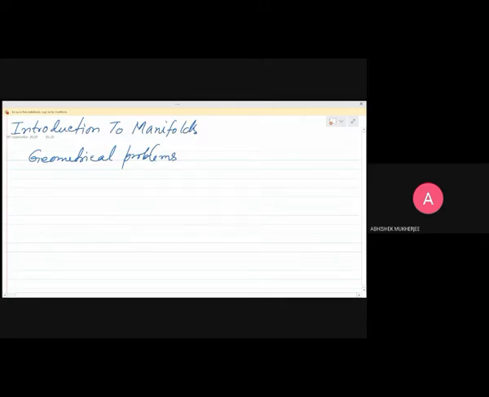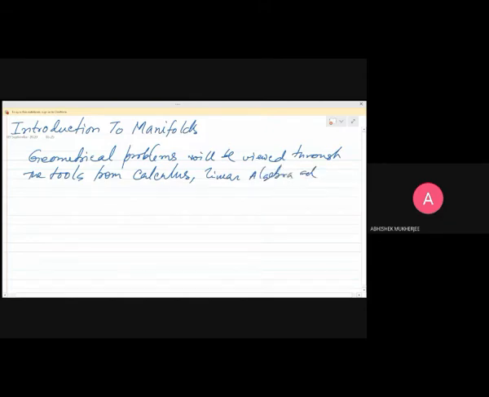Okay, which will be viewed through the tools from calculus, right? We will use linear algebra and also commutative algebra.